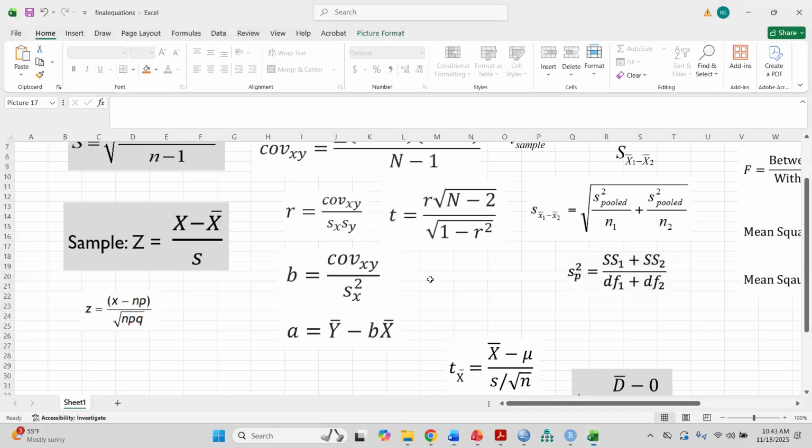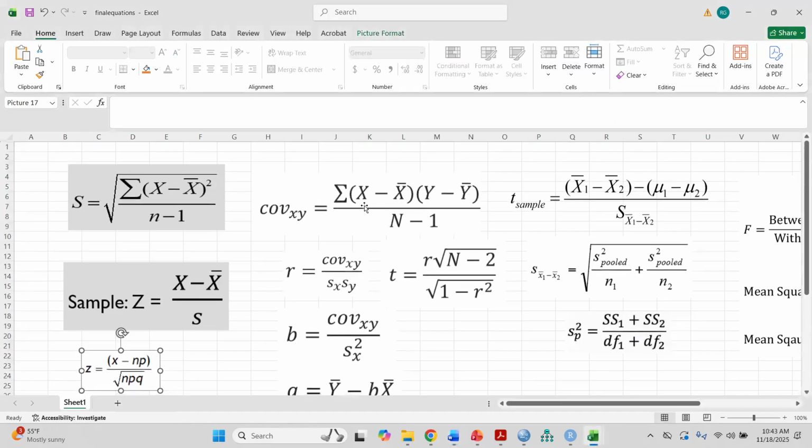So first of all, what's covariance in the first place? In this long equation, you're basically taking the deviations of the first variable, multiplying them by the deviations of the second variable. You add those all up, you divide by n minus 1, and then you can get the correlation coefficient, which is the covariance divided by the product of standard deviations. So let's go take a look.